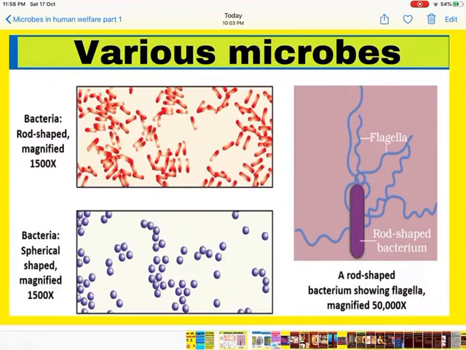Second, this is also bacteria, which is spherical in shape, and it is again 1500 times magnified. Third diagram, it is a rod-shaped bacteria showing flagella. See the flagella, which are the thread-like structures, and here these bacteria are 50,000 times magnified. So actually the bacteria are of very small size.